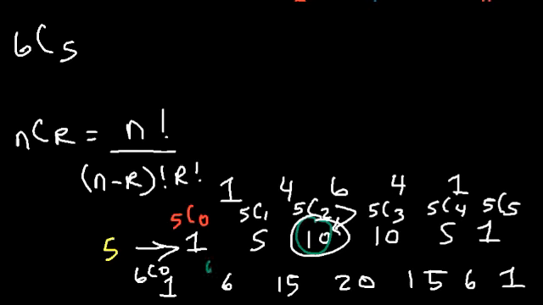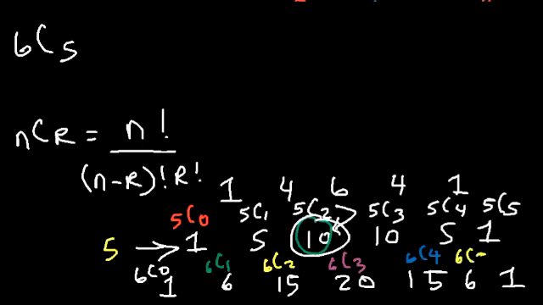The next one is 6c1. This is 6c2. And then 6c3. And 6c4. And then 6c5. So 6c5 should give us a value of 6.